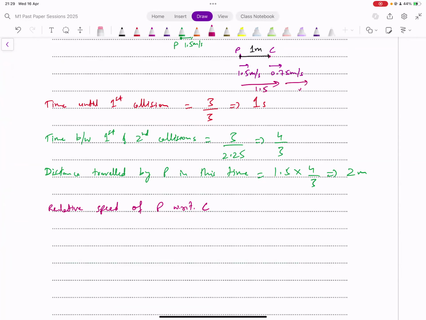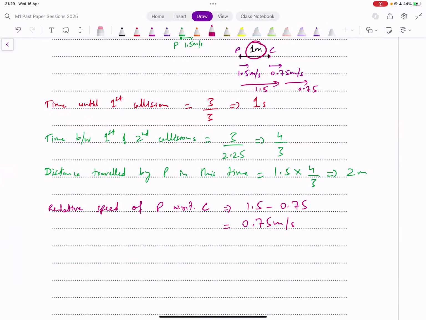C is only moving 0.75. How much closer do they get to each other? 1.5 minus 0.75. So every second, the distance between them reduces by 0.75 meters per second.